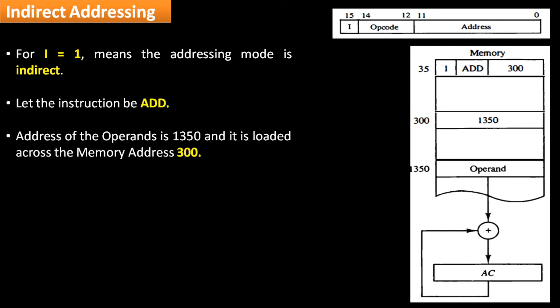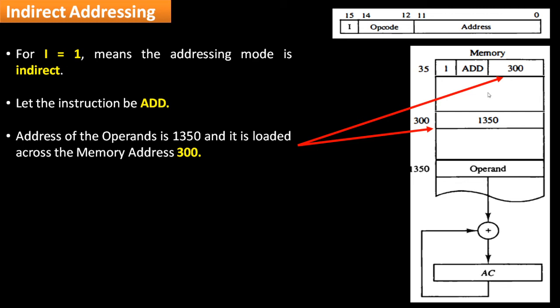It is the address of the operand. That means the actual operand is at 1350. So the address of the operand actually is 1350, and in the instruction we have given 300.